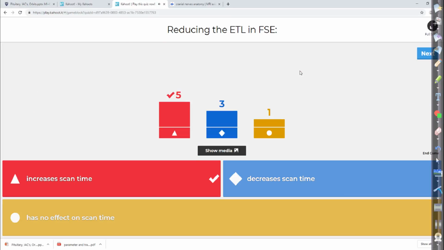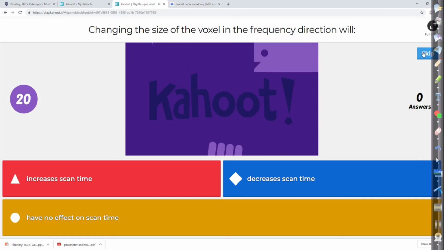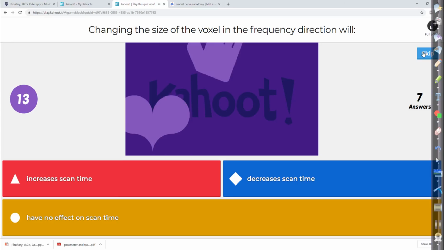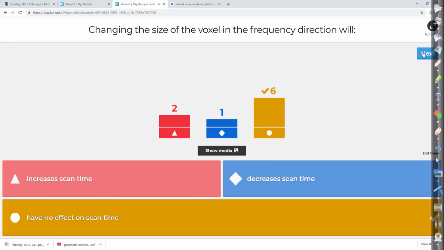Increases our scan time. So reducing ETL increases it. If we increase our ETL, we'll improve our scan time. Good.